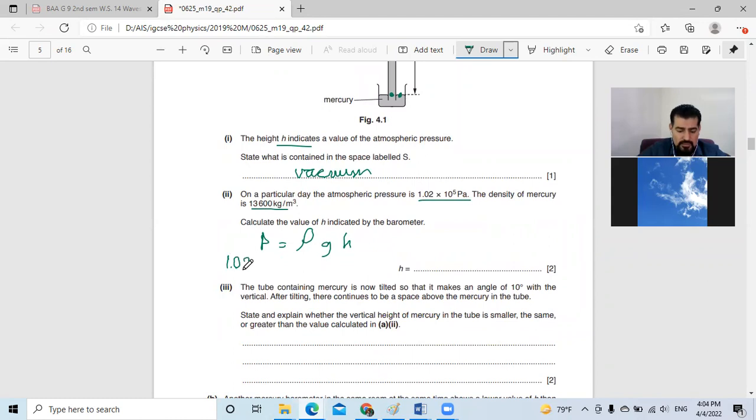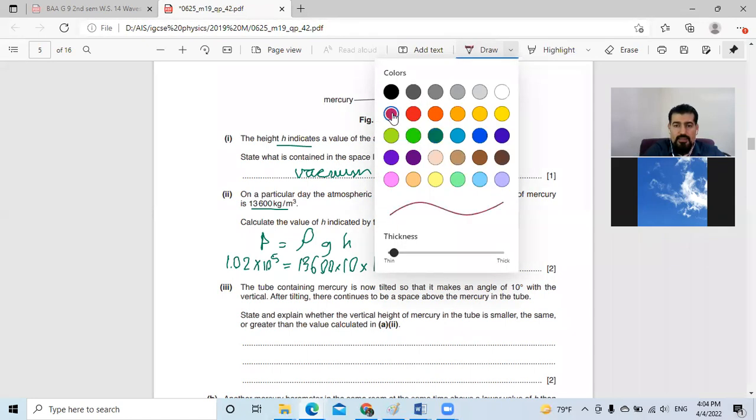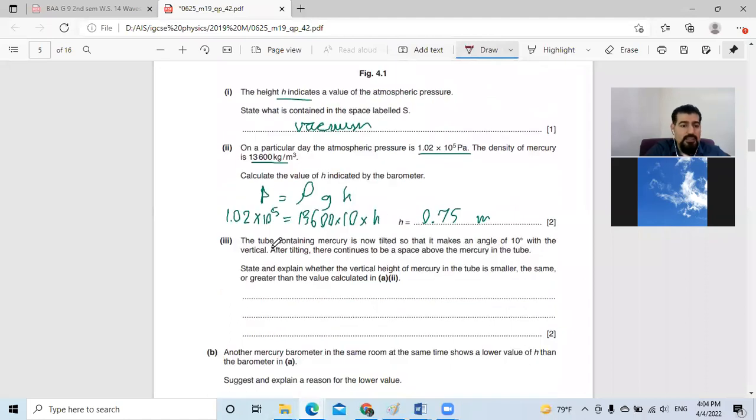So 1.02 times 10 to the power of 5 equals 13,600 multiplied by 10 multiplied by the height h. Divide by this, divide by that, so the height will be 0.75 meter. Exactly. Any question here? Is it clear? Okay, next.